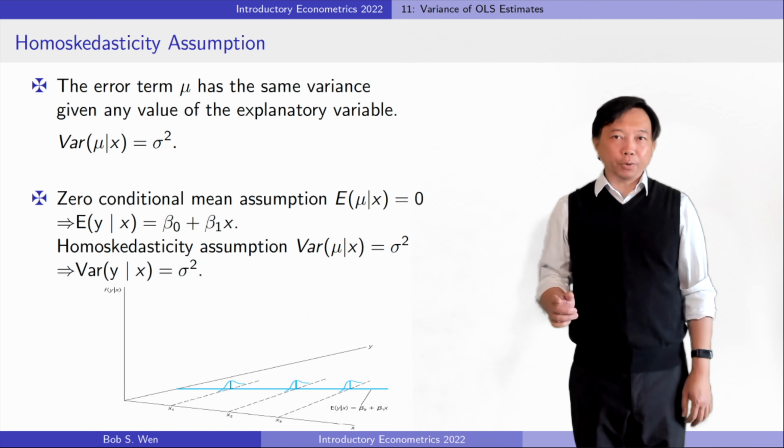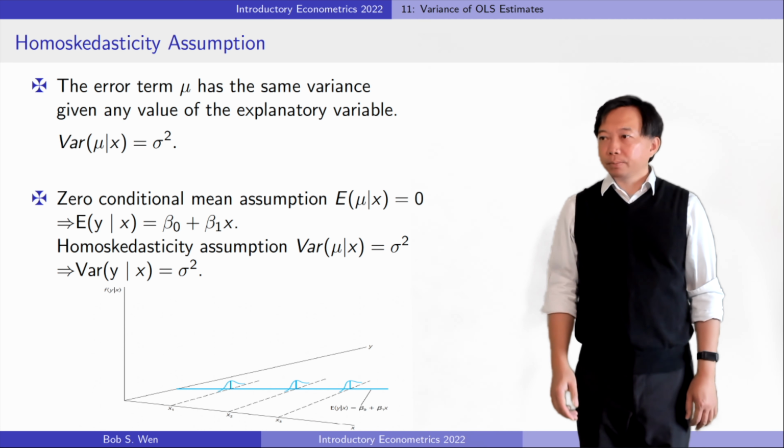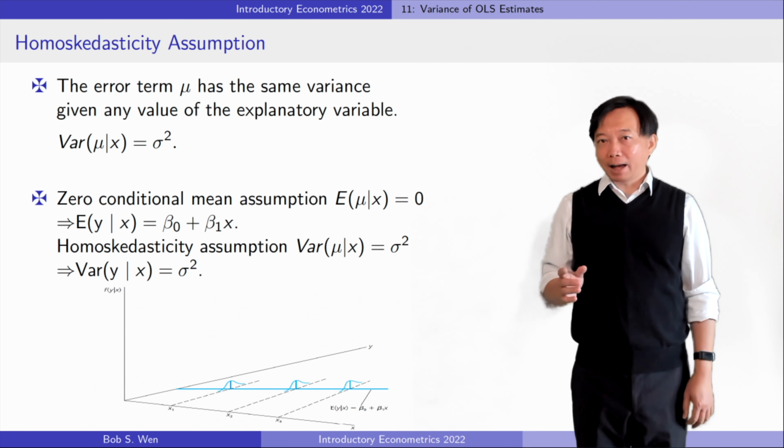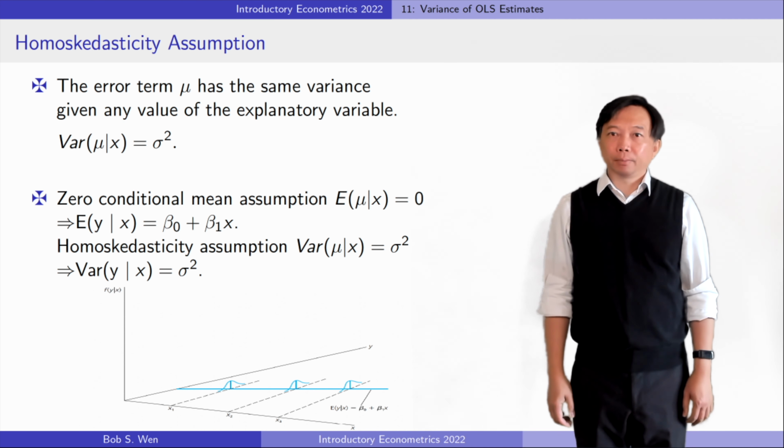The constant variance assumption suggests that the variance of y given x is constant. So we can graph the population model as follows. The observations are centered around the expectation with variance of the same shape.